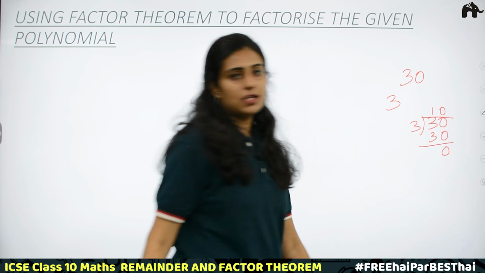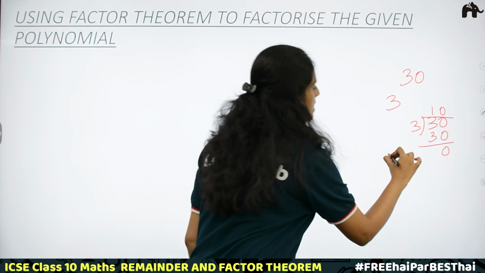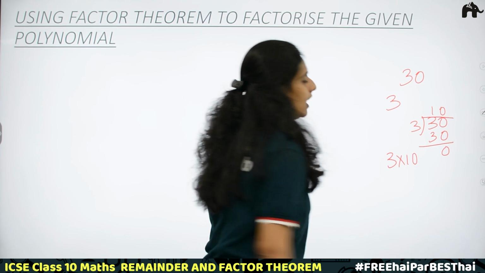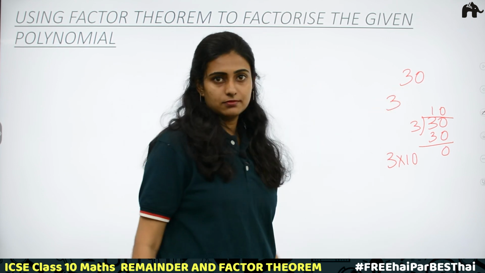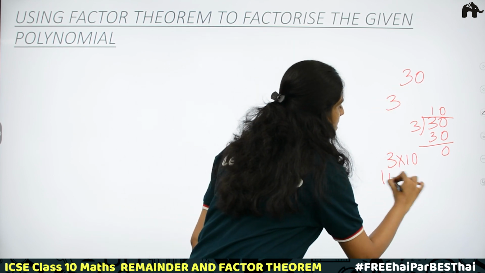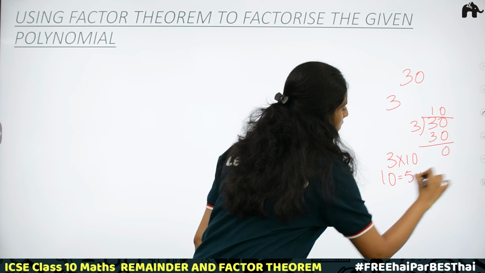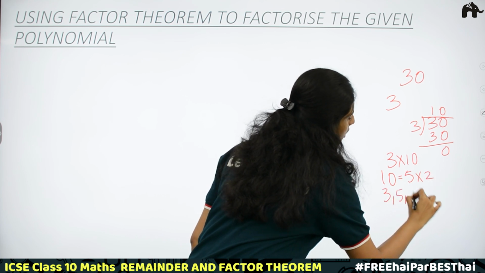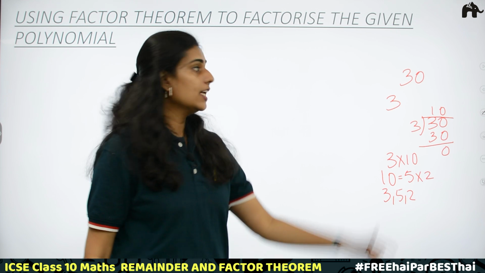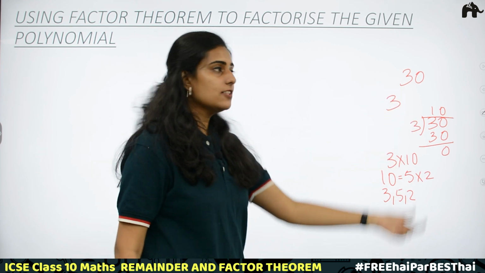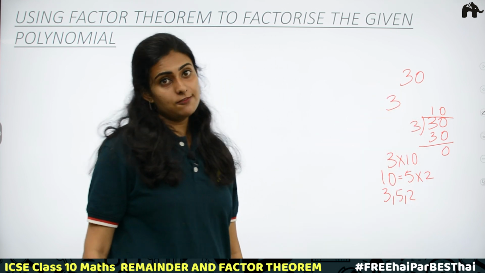The remainder is 0, which means 3 and 10 are factors of 30. Now, 10 is equal to 5 into 2, which means 3, 5 and 2 are factors of 30. When you have one factor, we can find the remaining factors.